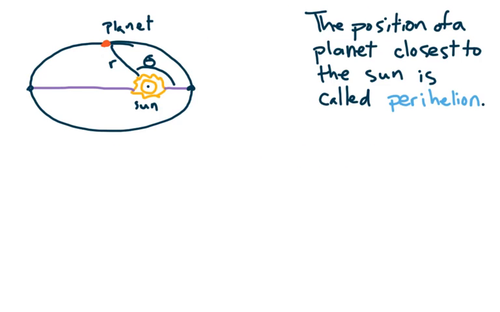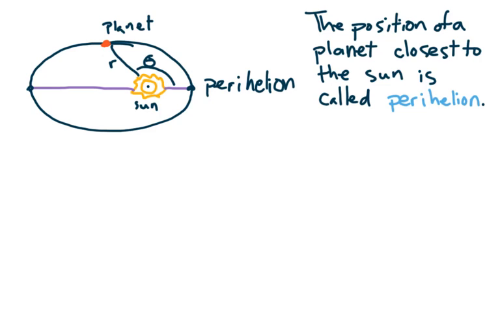The next part is some vocabulary words that are kind of fun, with some pictures that are also kind of fun. The position of a planet closest to our sun is called the perihelion. So you've got the focus that has the sun on it, and then it's got a vertex next to it, and the closest vertex is called perihelion.